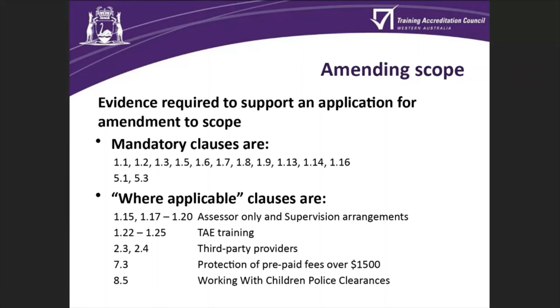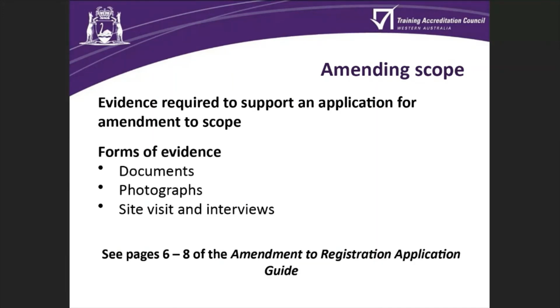That's not to say that it's not possible for TAC to ask for additional information. It's certainly within TAC's remit and ability to ask for additional information, but fundamentally those are the criteria that you would need to have prepared evidence for. So when it comes to evidence, the sort of evidence that you need to provide is, again, not unlike the evidence that you would have provided in the case of initial registration.